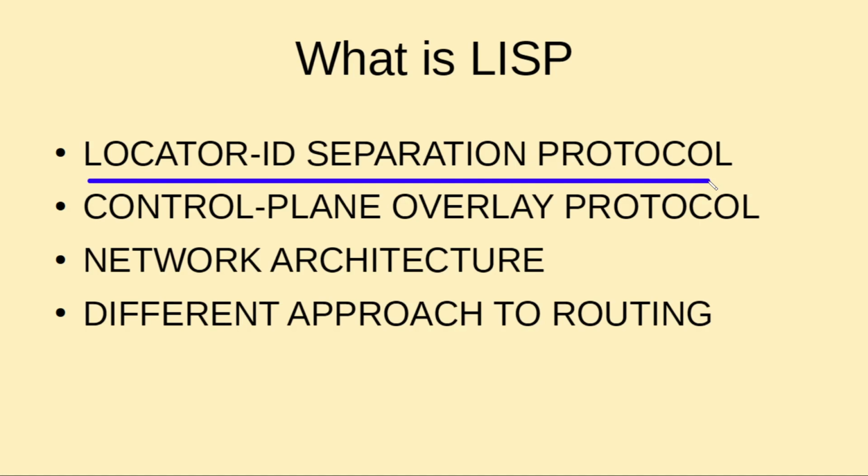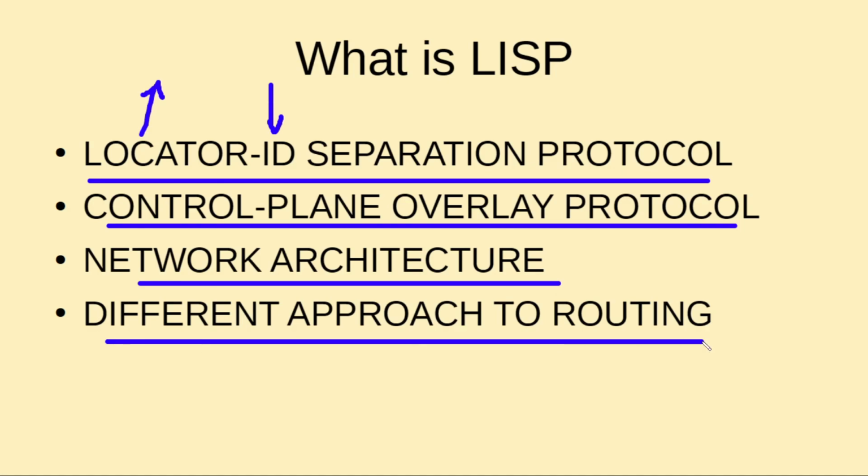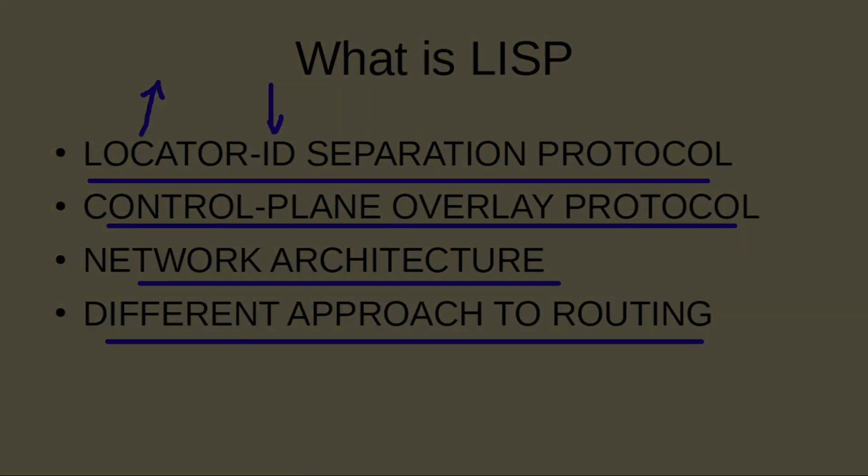It stresses the difference between locations and IDs. It can also be defined as a control plane overlay protocol. Cisco also defined it as a network architecture. And as we will see later on, LISP offers a different approach to routing.